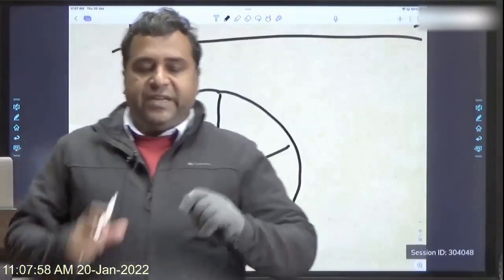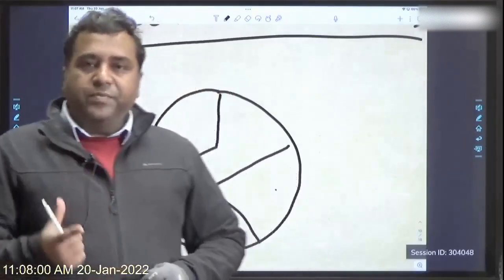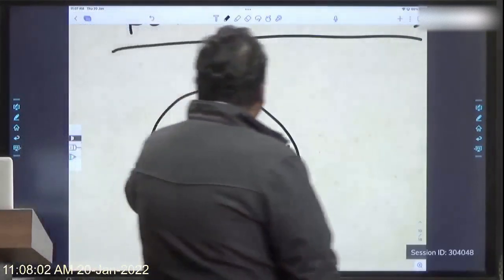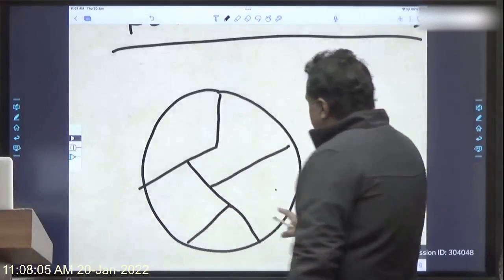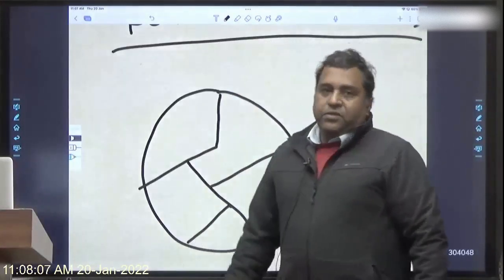Right? So if you take an egg and crack the shell, you'll have broken pieces on it like that, as shown. So something like this. Like the broken pieces of the eggshell.